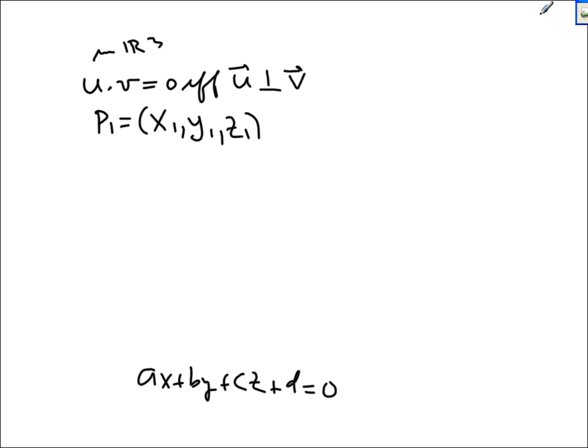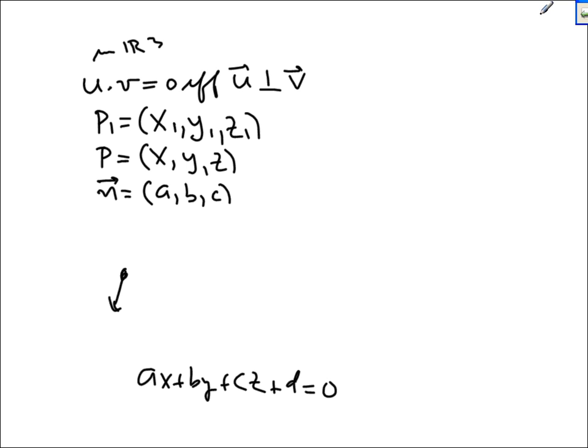P1 is a point on the plane. And P0, or just P, is an arbitrary point in space. And n is the vector that is perpendicular to the plane. It's coming out of the plane. It's coming straight out of the board.